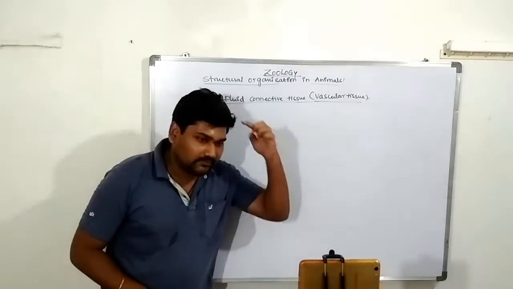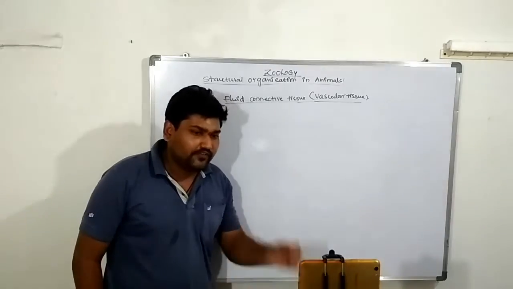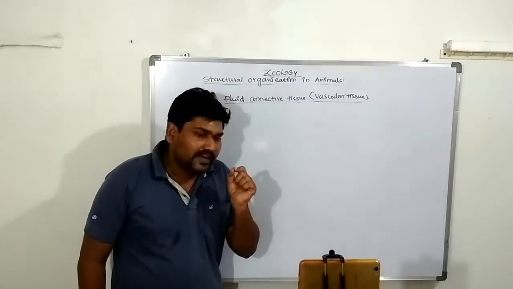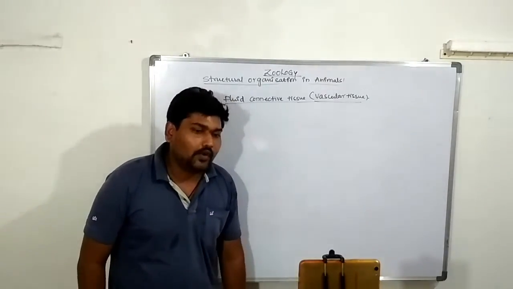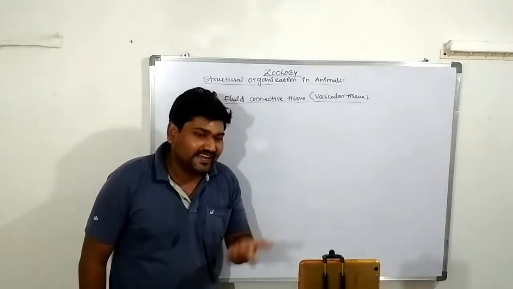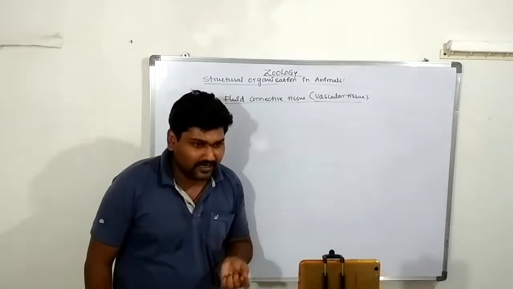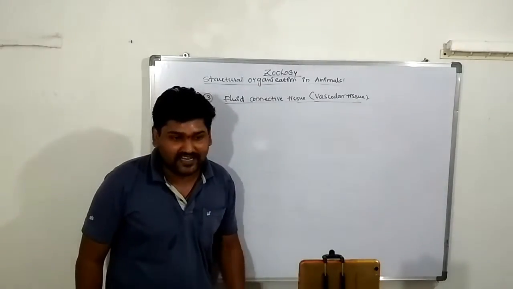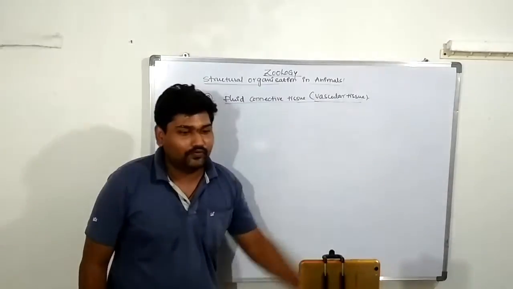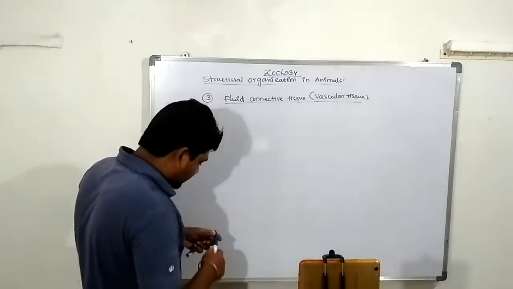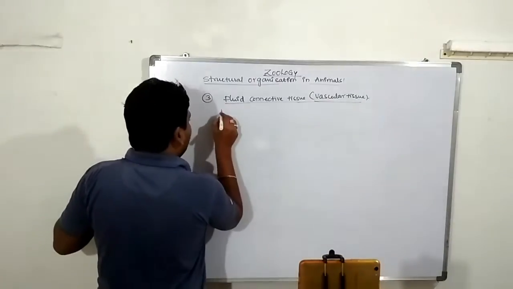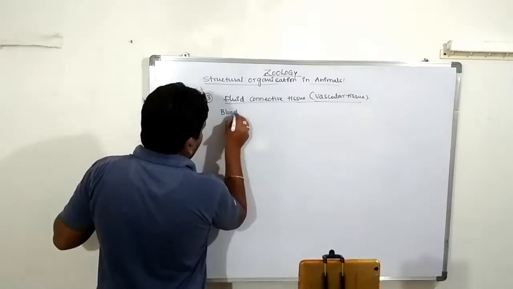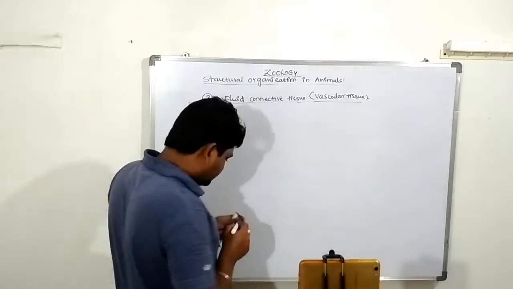It connects from the anterior to the posterior. If there is any injury to a body part, there is bleeding of blood. It connects all parts of the body, so that type of tissue is known as fluid connective tissue. First we are discussing blood.